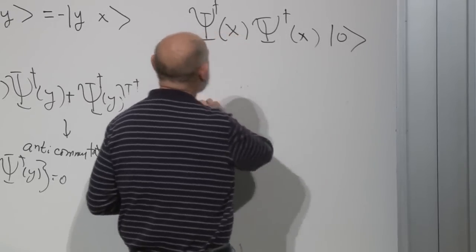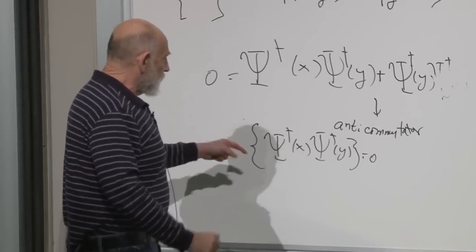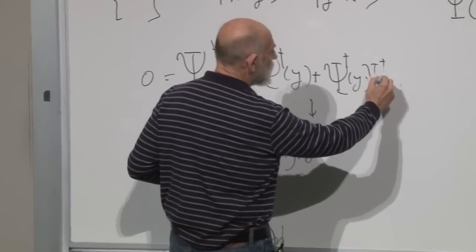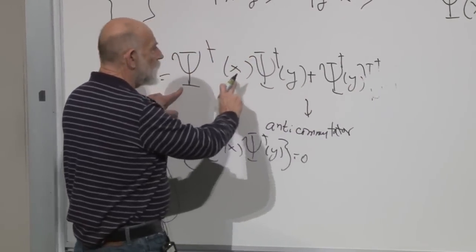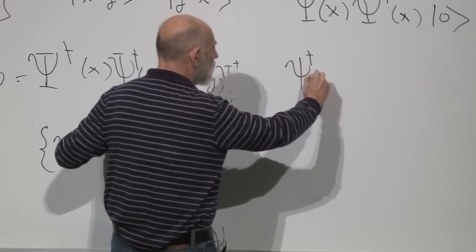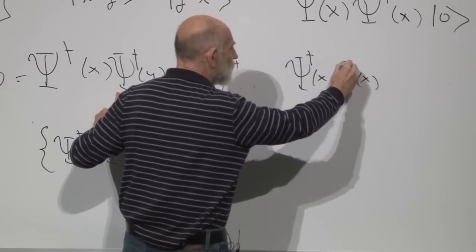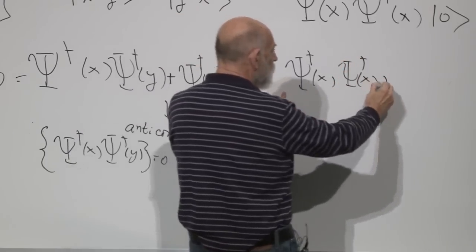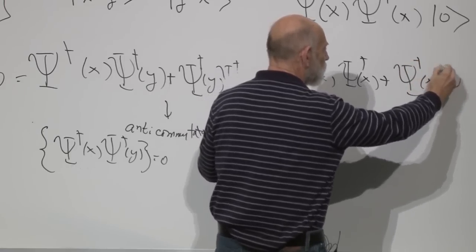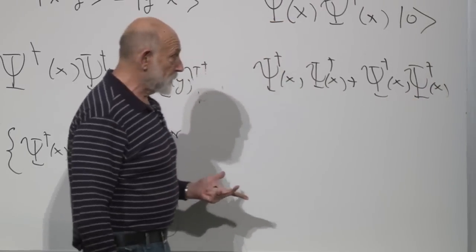That corresponds to acting with creation operators at the same point. But this equation over here tells us that psi dagger of x times psi dagger of x plus psi dagger of x times psi dagger of x, that's the anti-commutator of psi dagger x with itself.